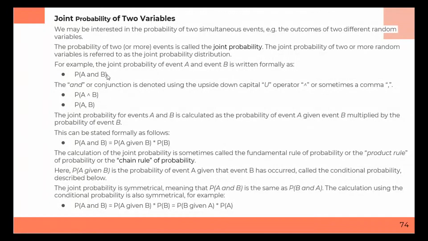The joint probability for events A and B is calculated as the probability of event A given event B, multiplied by the probability of event B. We saw that formula also earlier.